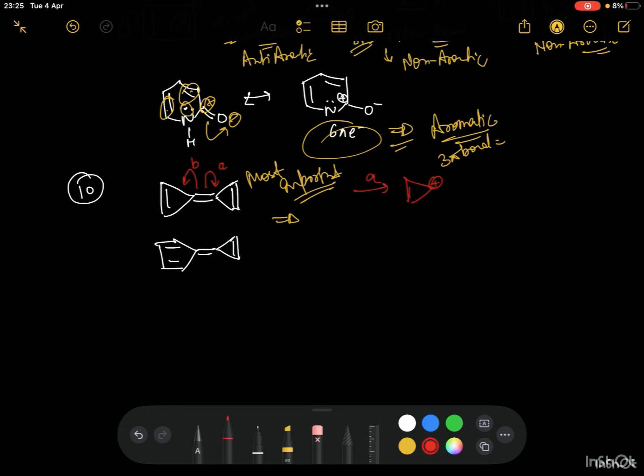Here positive charge will come, here negative charge will come, and this is the system. So this ring has 1 pi bond, so aromatic, and this system has 1, 2 pi bonds, so this is anti-aromatic. If any one ring is aromatic and one ring is anti-aromatic, then that one is non-aromatic.